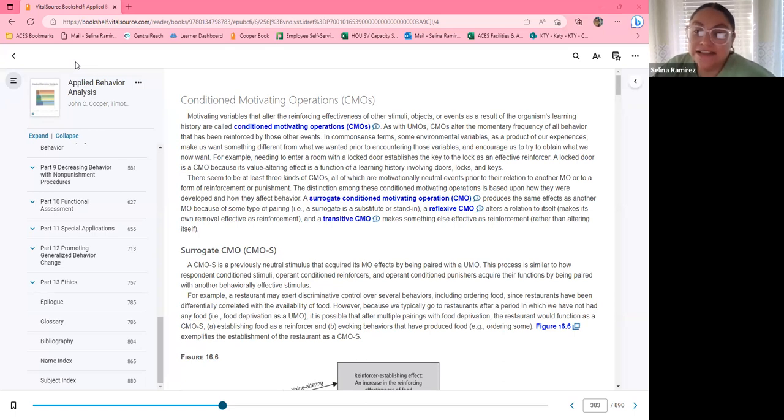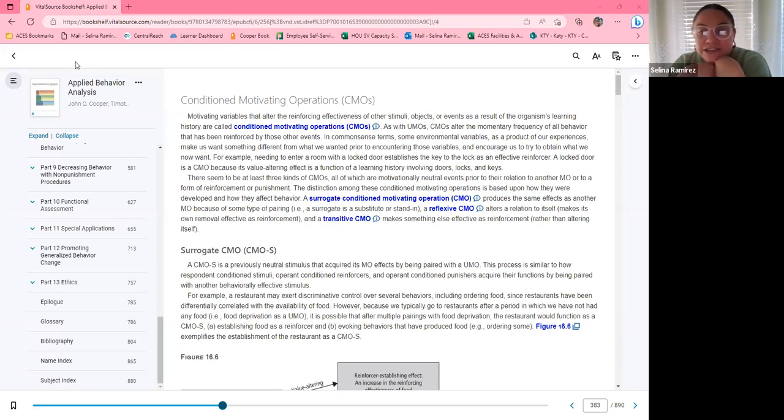So a surrogate conditioned motivating operation produces the same effect as another MO because of some type of pairing. So a surrogate is a substitute or a stand-in. So if we're taking notes, we would say surrogate is a substitute or a stand-in.